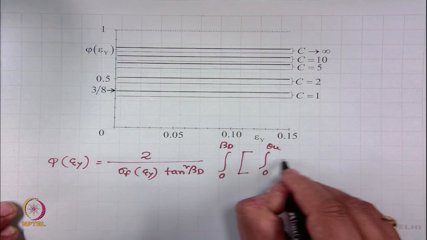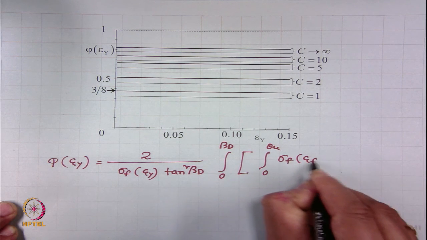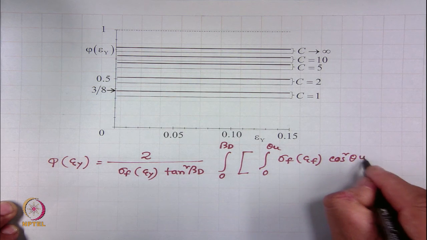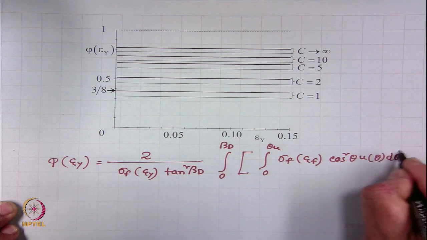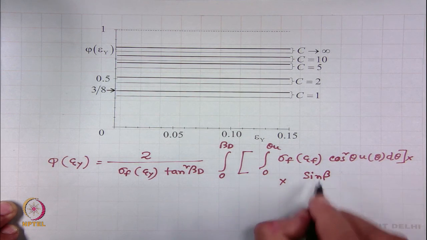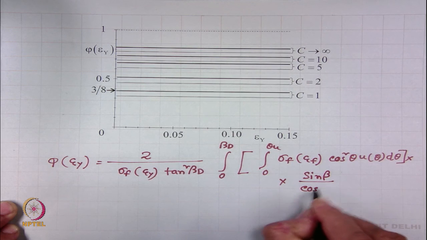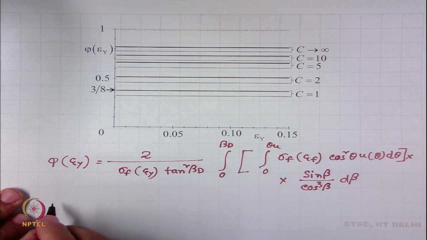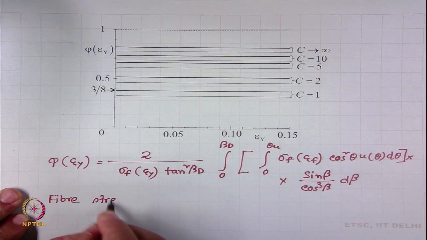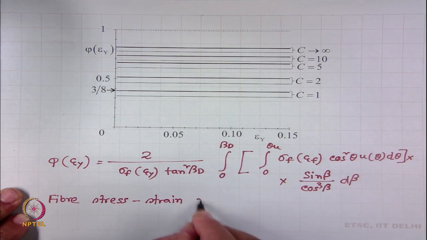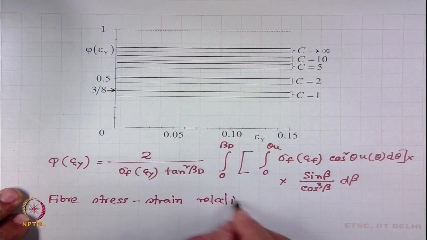Theta u f cos square theta u theta d theta into sin beta by cos q beta d beta and fiber stress strain relation is linear.